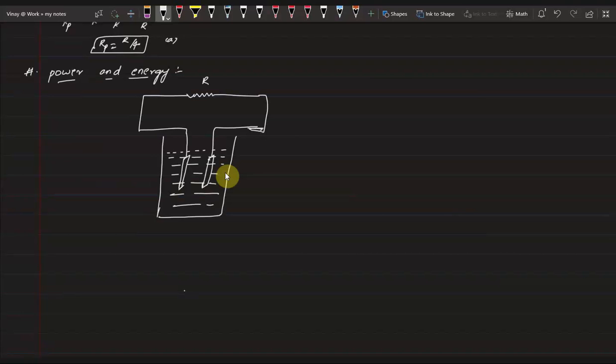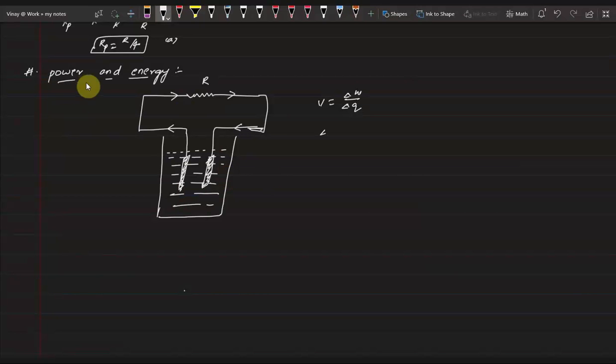Let us take current flowing like this. Then we have one formula: the potential difference between the plates is given by V is equal to delta W by delta Q. Understood this point?